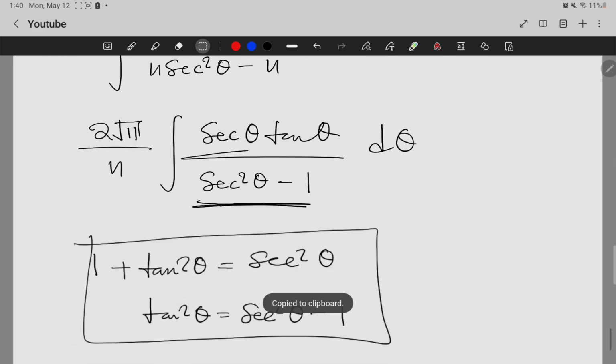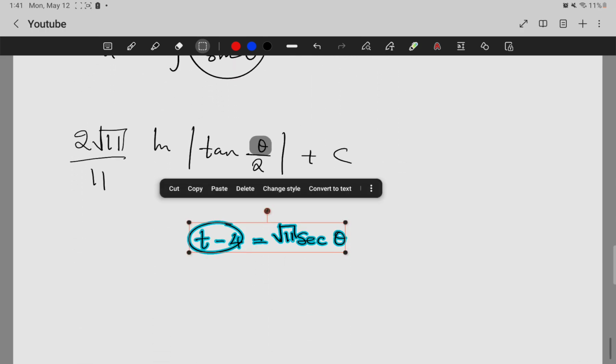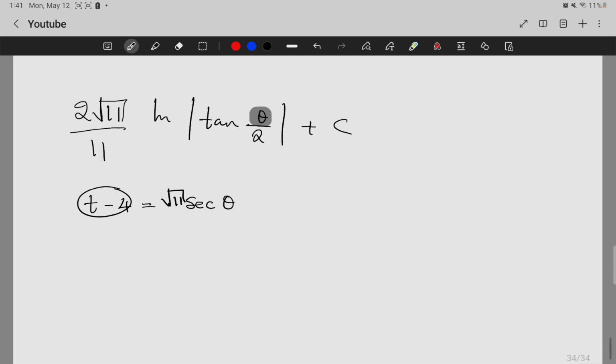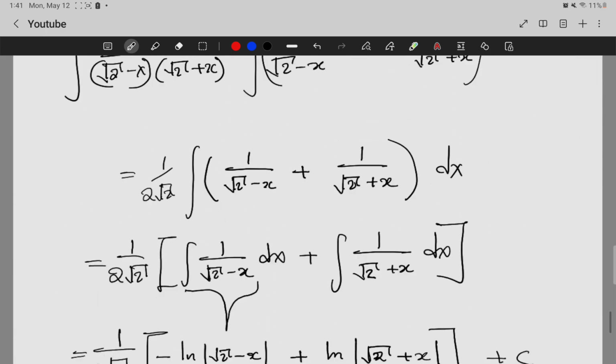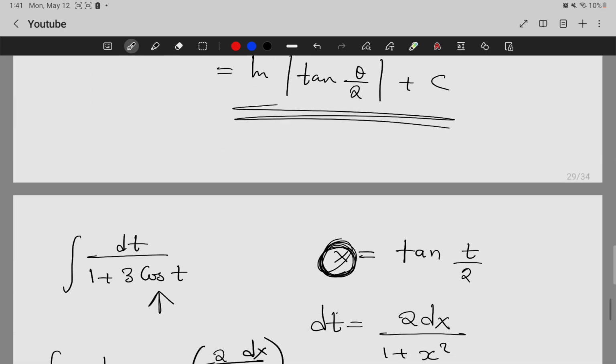I want to express that in terms of t. So from here, I have sec theta being equal to t minus 4 over root 11. Was that complete when I got that tan theta over 2? Yeah, it was complete.